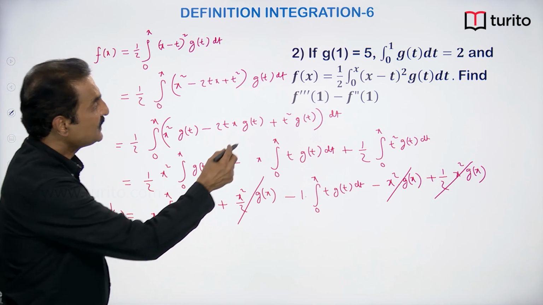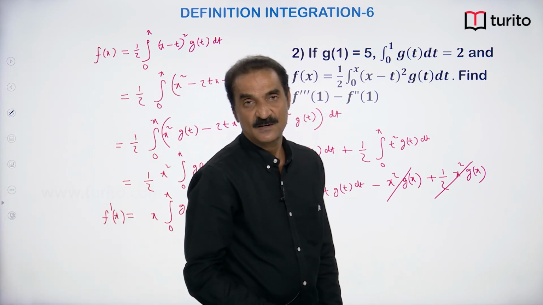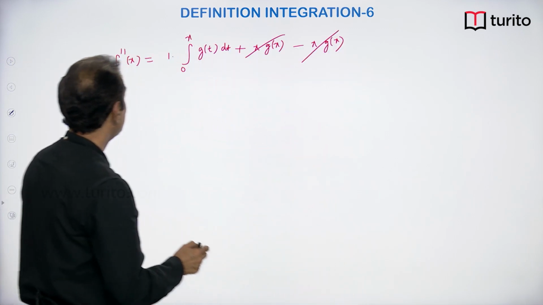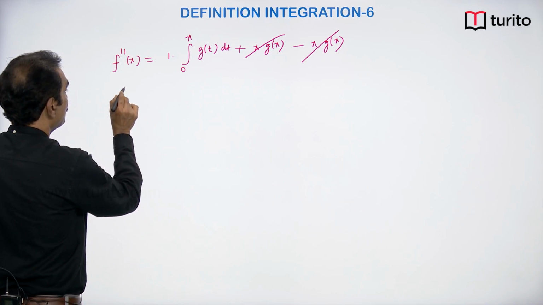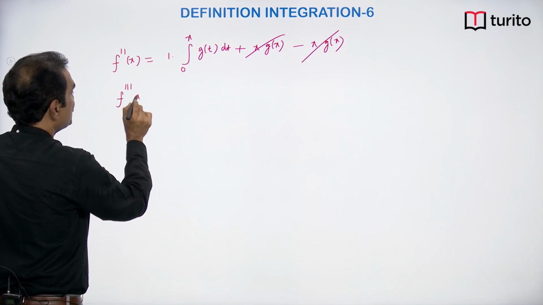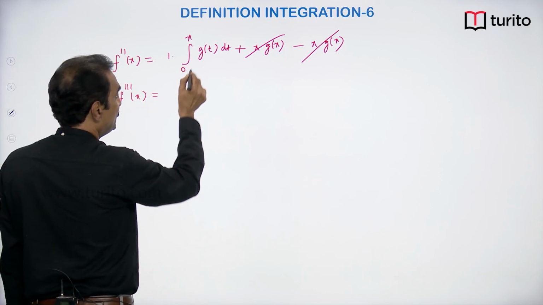Now, what do you want? f triple dash 1 minus f double dash 1. So, differentiate once again. f triple dash x is equal to g of x.